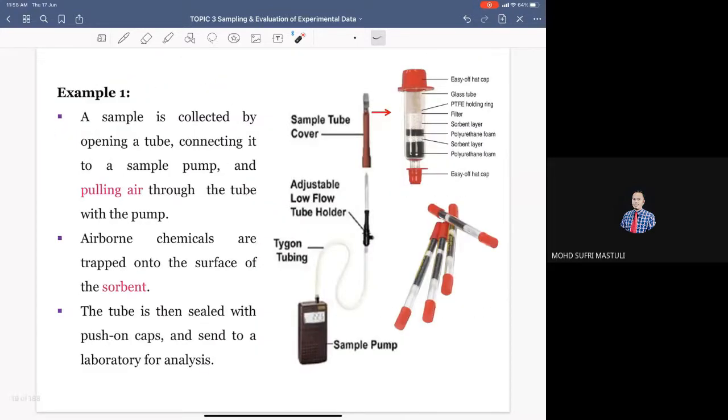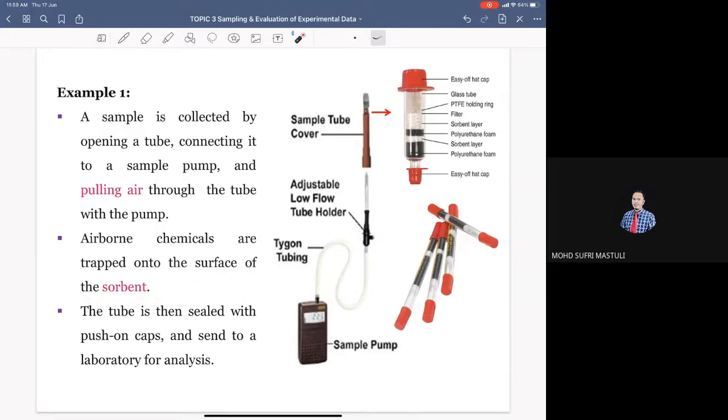So we have several examples of solvent for continuous gas sampling. First, we are using this sample pump. A sample is collected by opening a tube and connecting it to the sample pump. So the air will be pulled in through the tube with the pump, and then the gas or the vapor, the airborne chemicals in the air, will be trapped on the surface of the solvent.